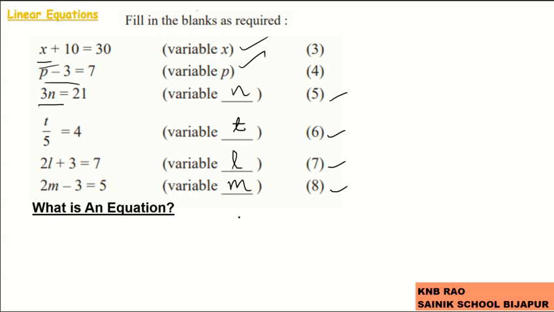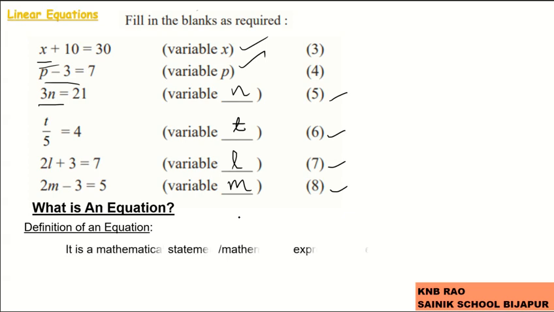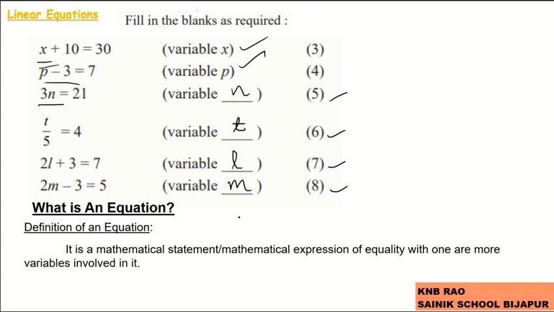Okay. Now let us define what is an equation. Children, pause the screen after defining what is an equation. Equation is a mathematical statement of equality with one or more variables involved in it.